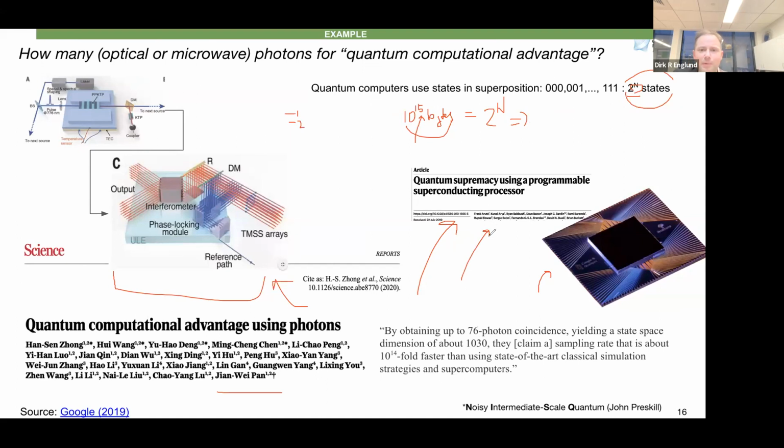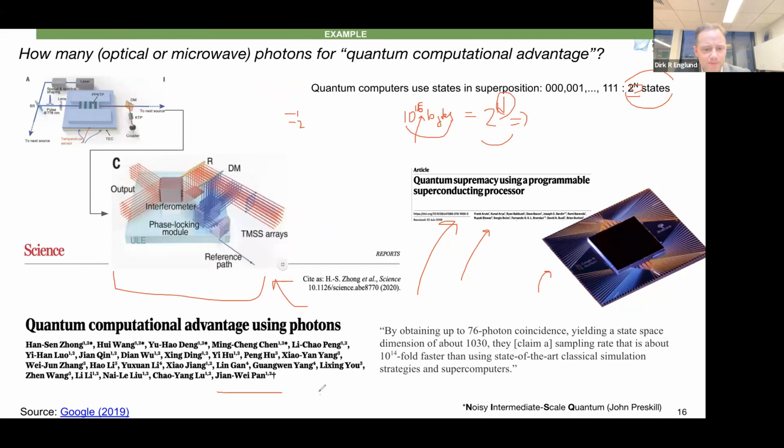Because they represented the state in a computer with very large storage, maybe 10 to the 16 bytes or something like this. But you see, it's all logarithmic. So there's really just a rounding error in the number of particles that you need to get into this quantum advantage regime.